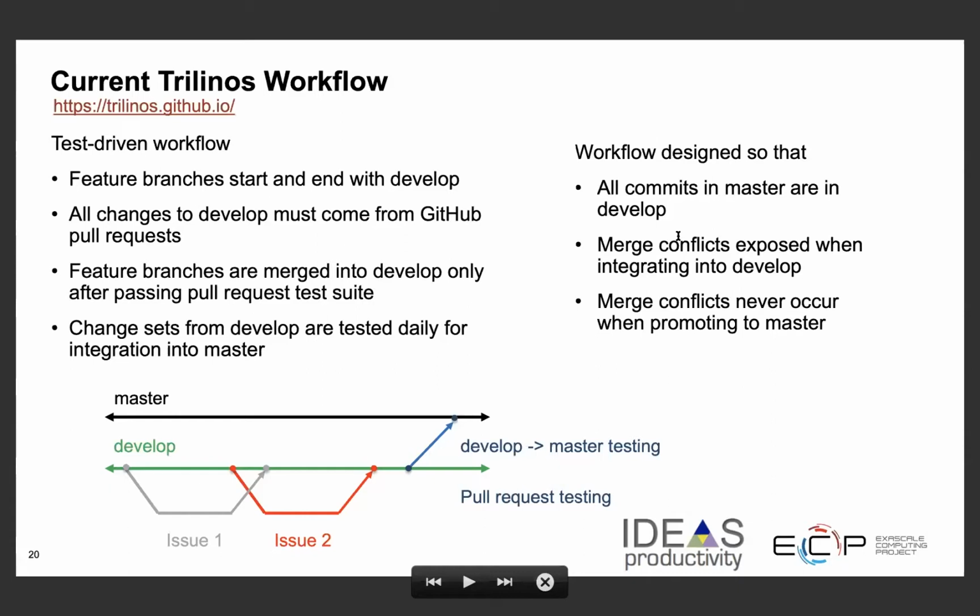Change sets from develop are usually tested for integration into master, so there's another level of testing. Everything in master comes only from the develop branch, so there are no merge commits. If there are merge commits, they happen in the develop branch itself and never while promoting to master. So that's the Trilinos workflow.